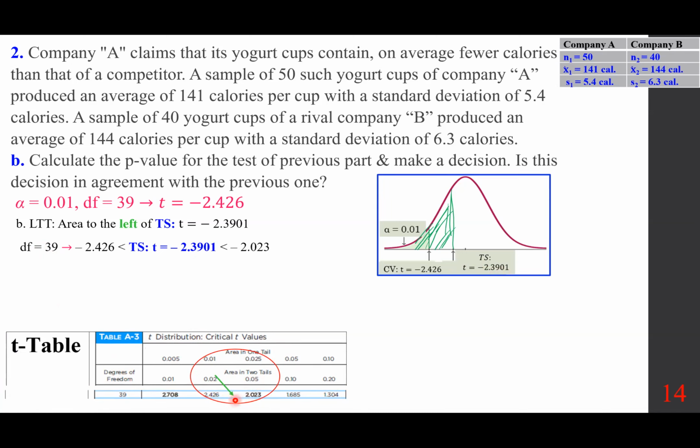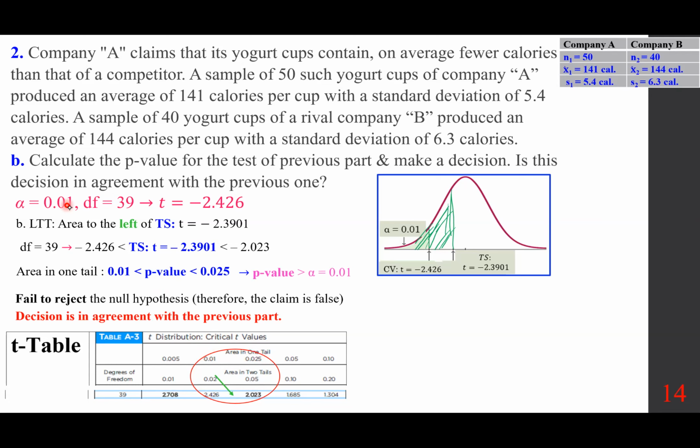And therefore, the area in one tail is between these two numbers. So the p-value is somewhere between these two. And it's clearly larger than alpha of 0.01, which means we get to the same decision, fail to reject the null hypothesis. The decision is in agreement with the previous one.